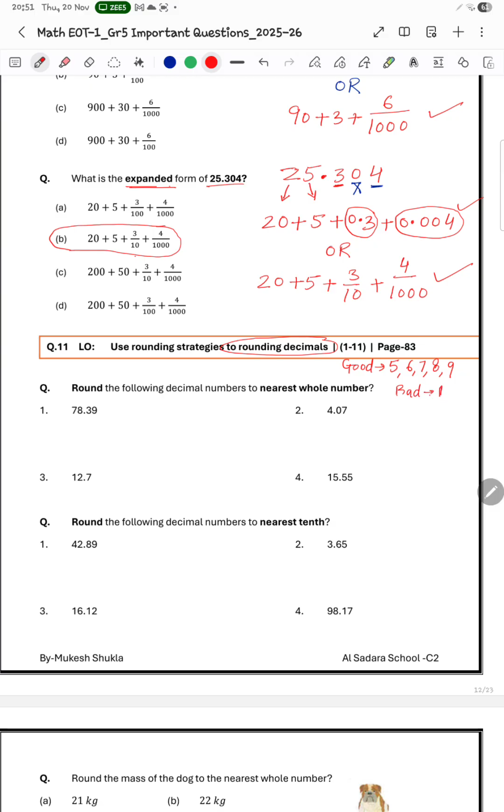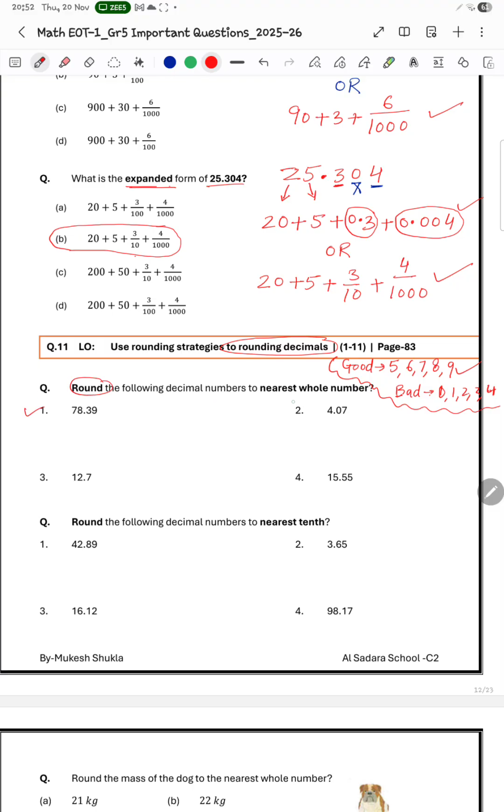So like 0, 1, 2, 3 and 4. These are bad digits. Bad means, if there are bad digits, I will not change. But if there are good digits, I will give +1. Only this you need to remember. Okay. For good digit, give +1. If bad digit, keep it same, no change.